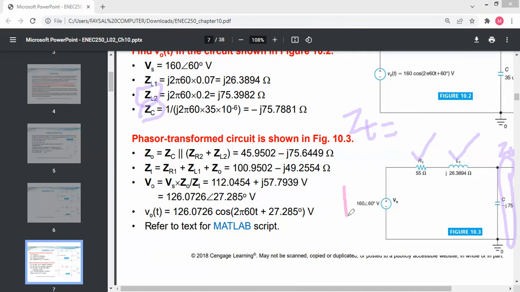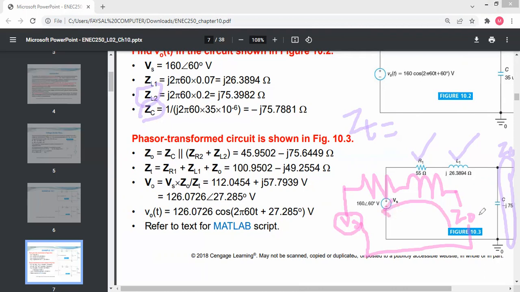I have to draw here. This is my voltage circuit. Here is the resistor, here is the inductor, and then there is a Z naught value. So then all the values are in series.